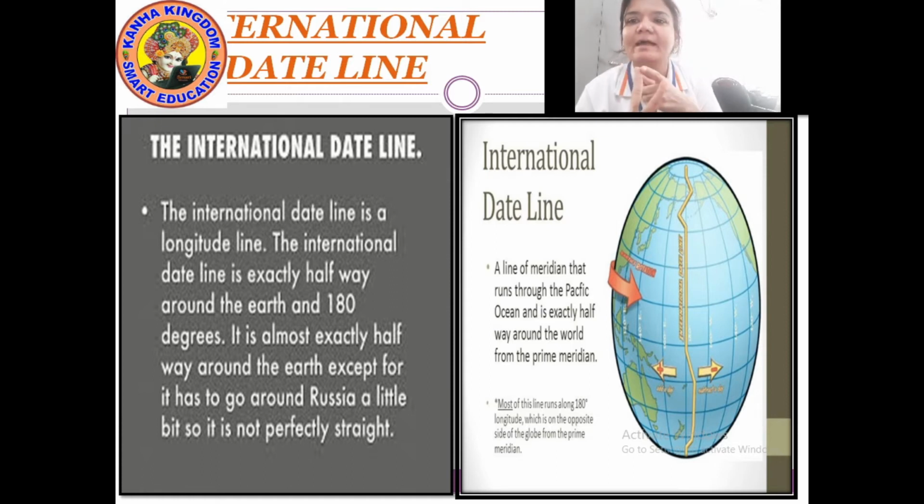Eastern hemisphere and western hemisphere. The date everywhere in every country is not the same, and which line shows us that? The International Dateline. Okay.